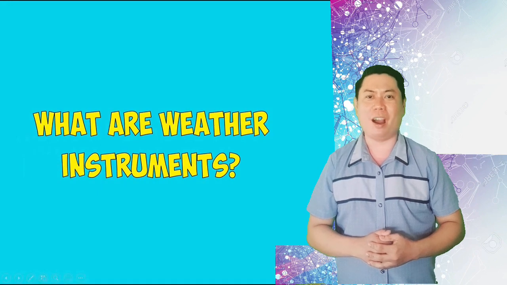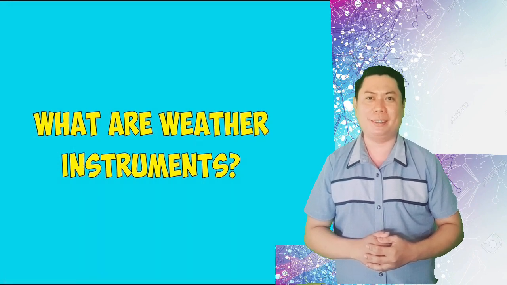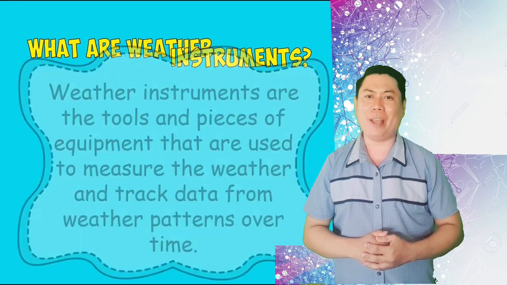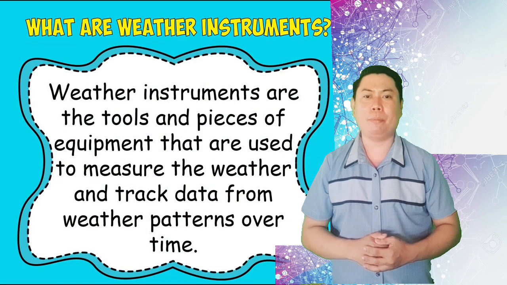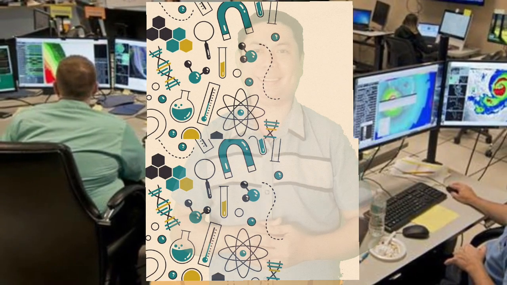So, what are weather instruments? Weather instruments are the tools and pieces of equipment that are used to measure the weather and track the data from weather patterns over time. Scientists and meteorologists use weather instruments in order to understand the Earth's weather and climate patterns.